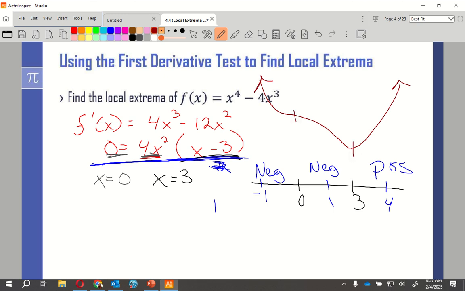If I have to sketch with this information, those are the things that you're going to have to understand. I know it's going down, so it's going down this way, right? It tops off. I have a slope of 0 right here, and it goes back down. Bam. So some of your problems are actually going to ask you to sketch using this information. Make sense? Good.